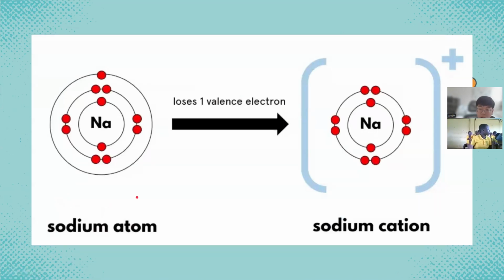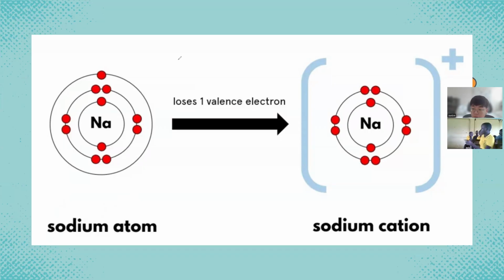Yeah, and we learned about how ions form, right? How do these ions form? Well, it forms by making a stable valence shell. Right? So in order to form a stable electron shell, it needs to form the structure.